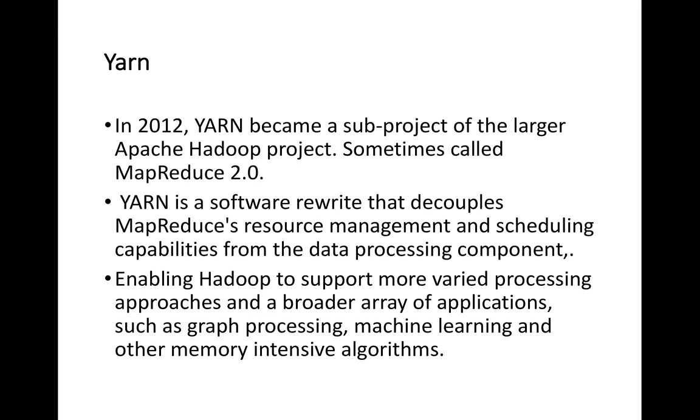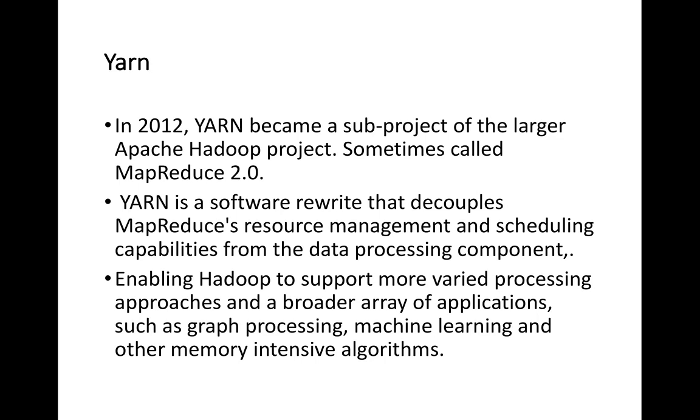We call it MapReduce 2.0. In YARN, they decouple the resource management and scheduling capabilities of MapReduce from the data processing component. We will see this in the next slides.